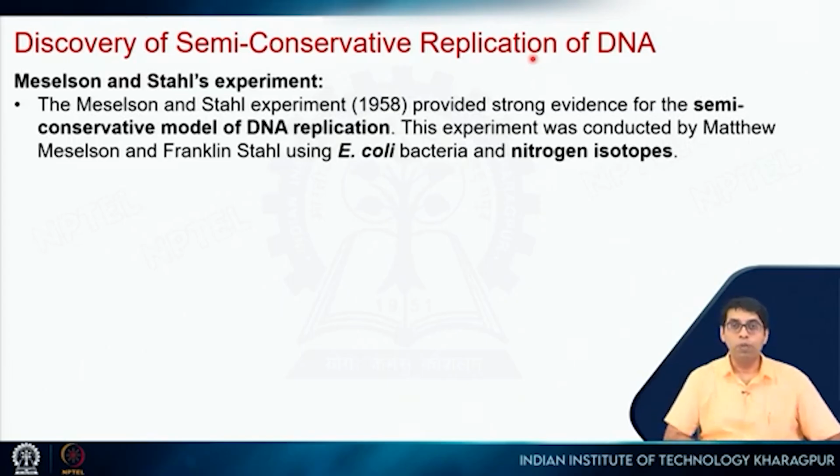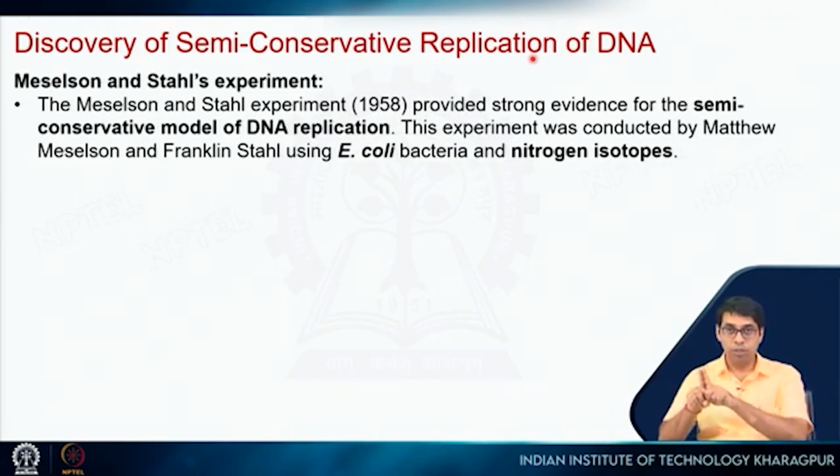But what was not known was, if there are two strands and they are copied into two new strands, do the two original strands remain in the original parent cell and the two newly synthesized strands go to the daughter cell, or do both cells inherit a hybrid where one copy is original and the other copy is newly constructed? That is semi-conservative DNA replication, and it was proved by Meselson and Stahl in their famous experiment.